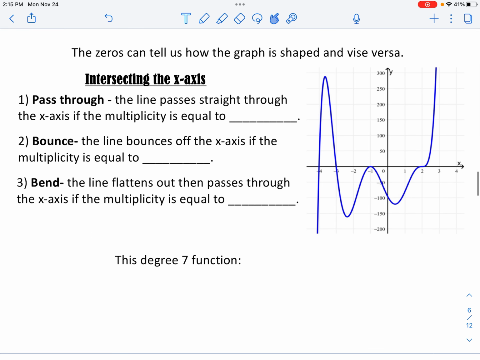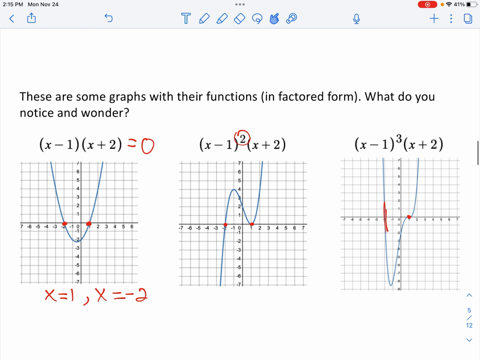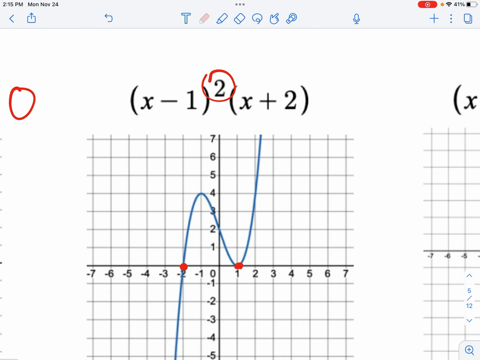All right. So the zeros can tell us how the graph is shaped and vice versa. If I know how the graph is shaped, I can know a little bit about the zeros and what's going on there. All right. So if the graph or the line passes straight through the x-axis, we have a multiplicity. Now multiplicities are when we have this. So when I have a squared here, that means really that one of my roots is 1, but it occurs twice.